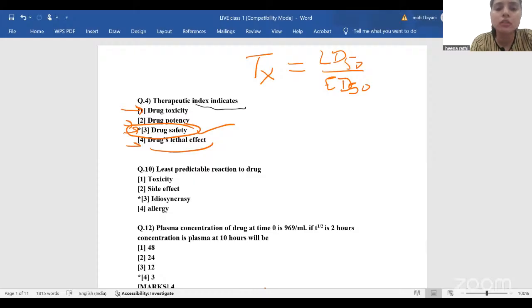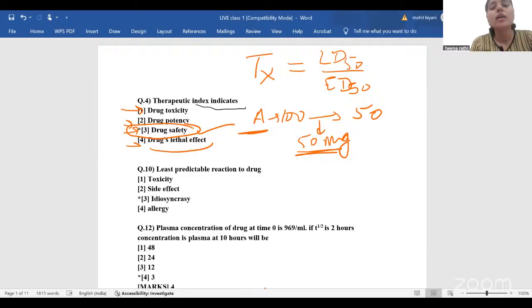Suppose a drug A is taken by 100 individuals, and 50 individuals die when the concentration of the drug is 50 milligram. So 50 milligram for drug A is called the lethal dose, because it was able to kill 50% of the population.